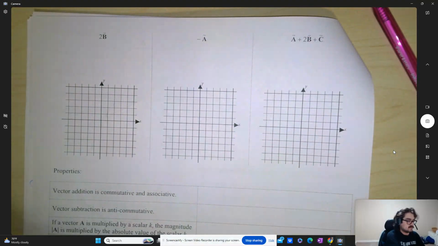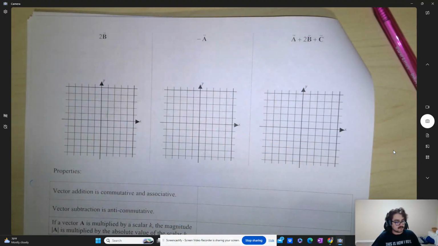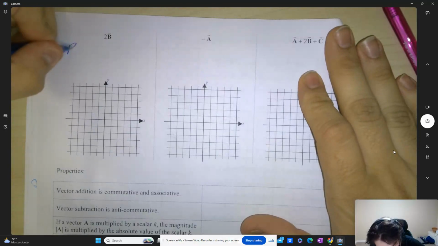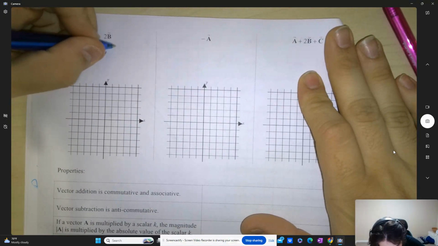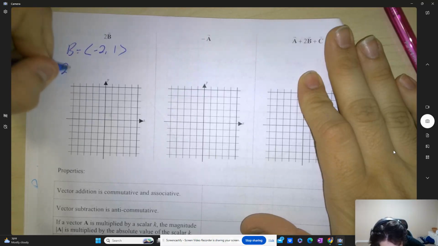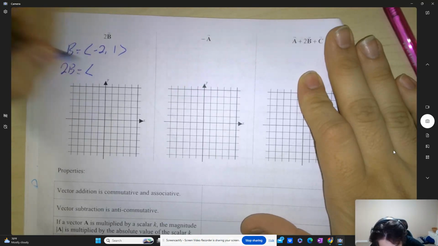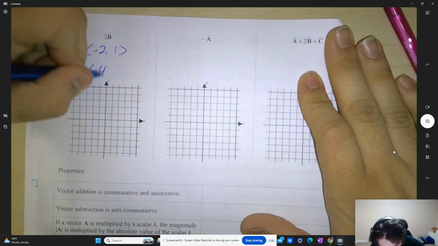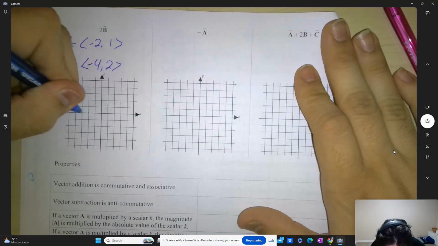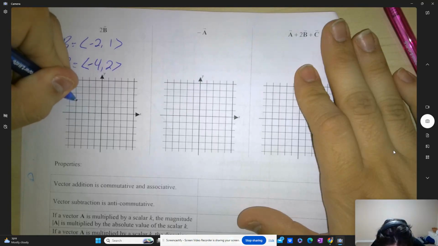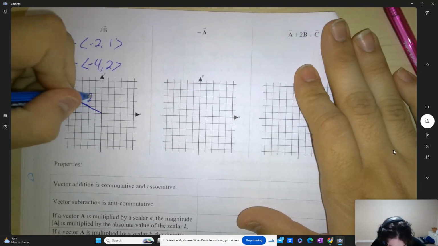2B. Okay, well, if B is simply negative 2 comma 1, then 2B is just going to be those components multiplied by 2, negative 4 comma 2. So we go 1, 2, 3, 4, 1, 2, okay, and there you go. That's 2B.